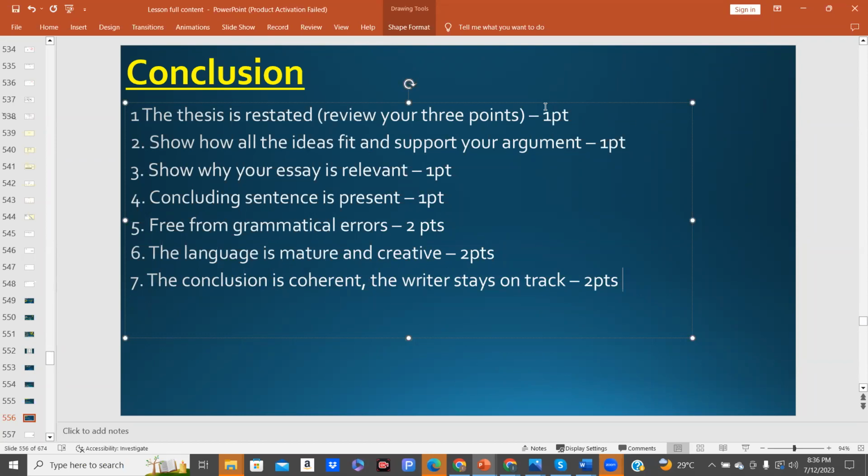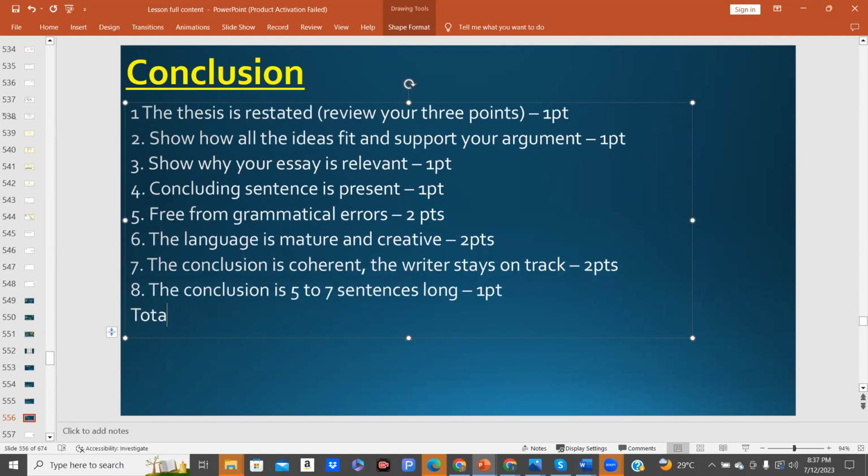And number 8, the conclusion is 5 to 7 sentences long. That's 1 point.